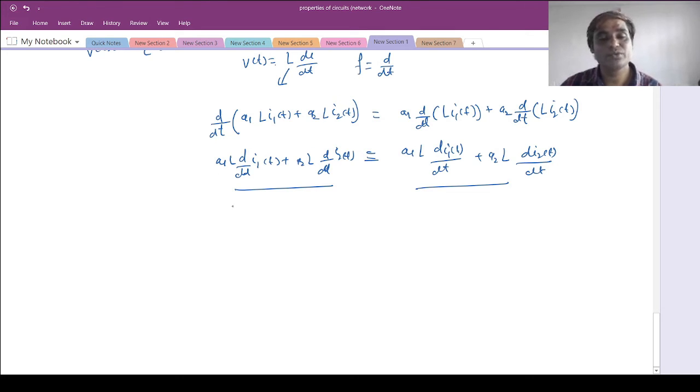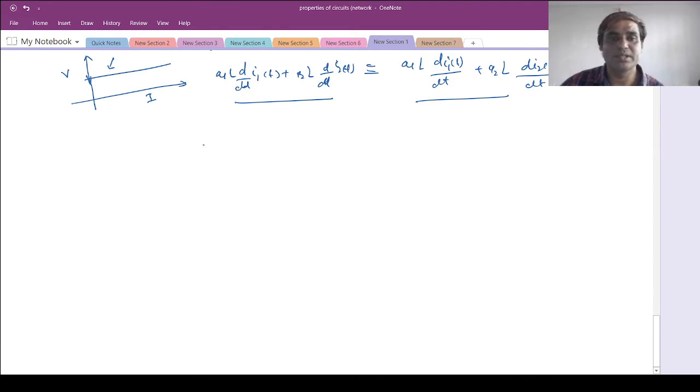But if you consider the independent or ideal voltage source and ideal current source, the relation between voltage and current is not at all linear. So independent or ideal voltage and current sources are non-linear elements, whereas R, L, C are linear elements, and a network made from R, L, C will be a linear network.